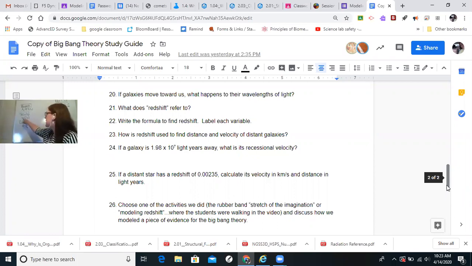So if I didn't give you the velocity of a galaxy, but you knew the redshift, and we know the speed of light is a constant, you could take this part and plug it in right here instead and solve to find distance. So that's how redshift can be used. You can use it to find velocity, or you can plug it in where the velocity goes and solve to find distance. Okay. All right.